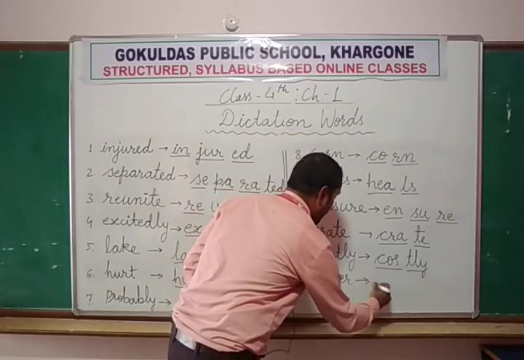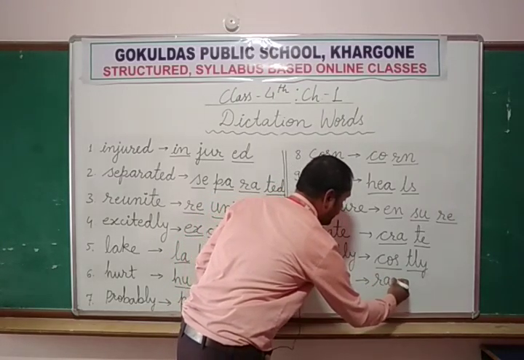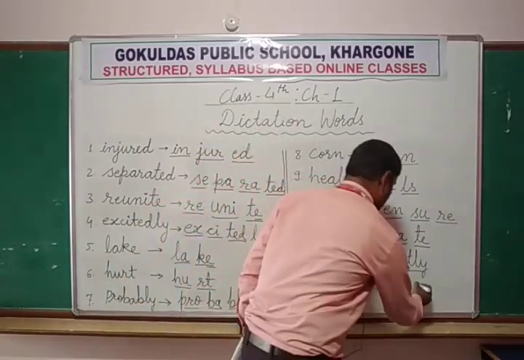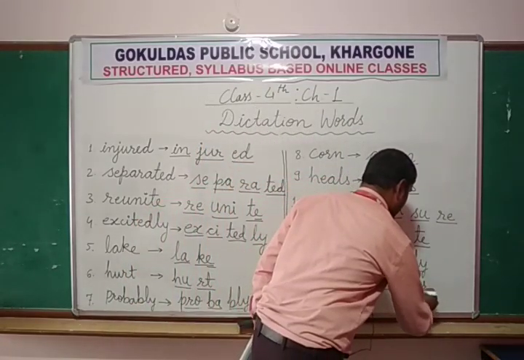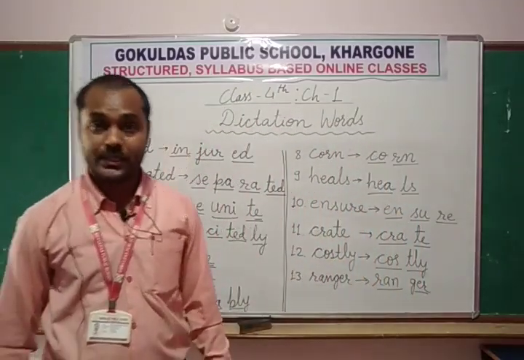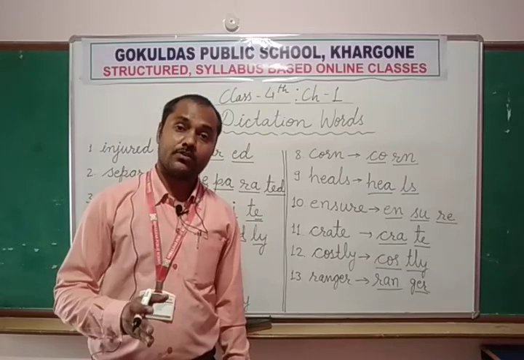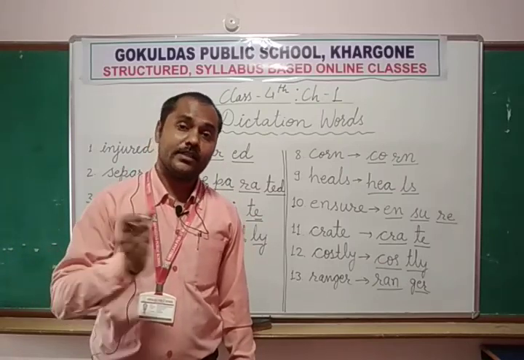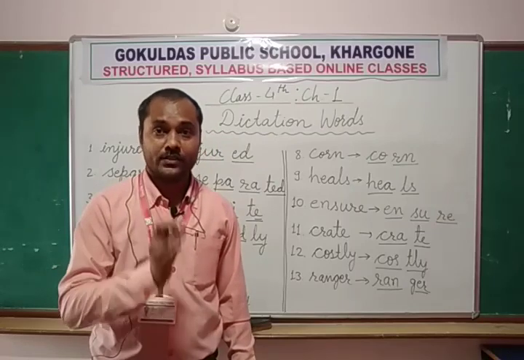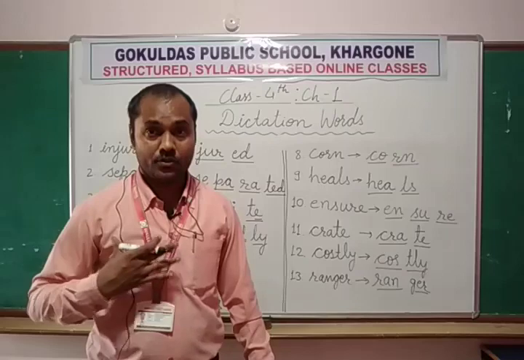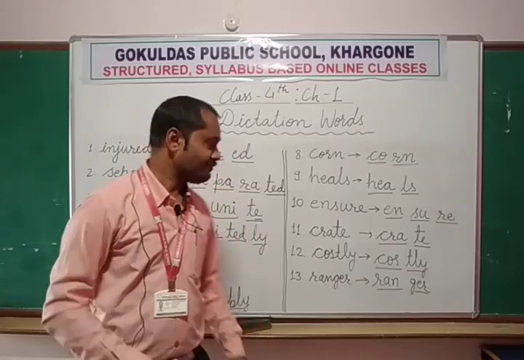R-A-N-G-E-R. R-A-N, ran. G-E-R, jer, ranger. A ranger is a person who takes care of the plants and trees and the wild animals in the forest. So that officer is called a ranger. Generally they wear a khaki uniform like police.